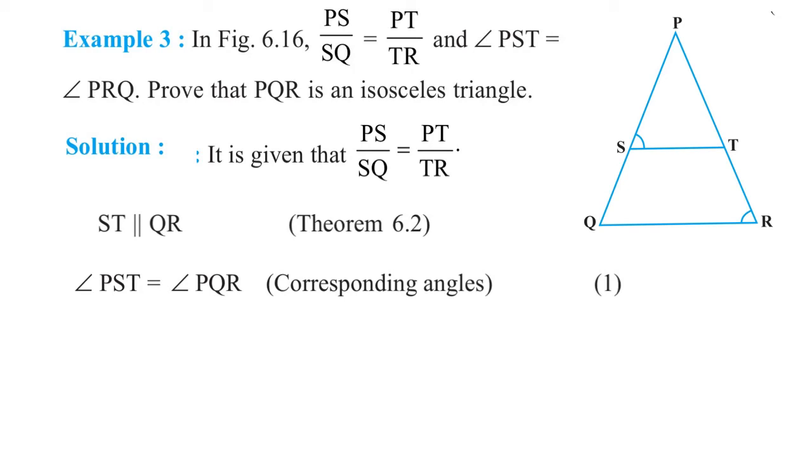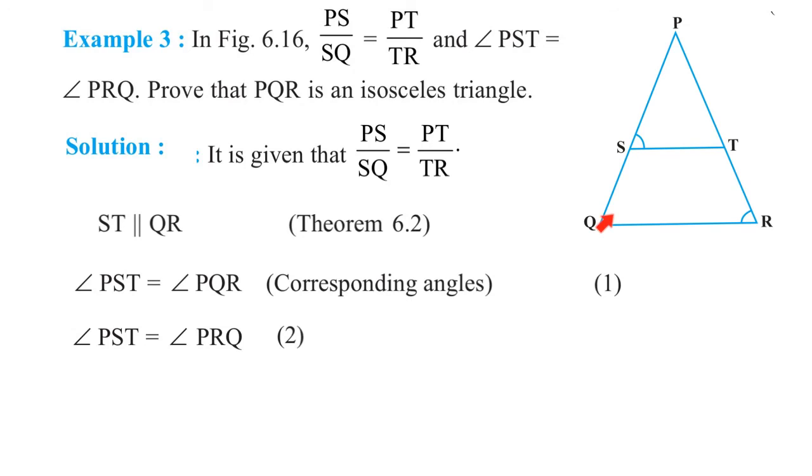So we know that angle PST is also equal to angle PRQ as it is given in the question. So PST is equal to PRQ. Let's label that as equation 2. Now, this angle is equal to this angle.